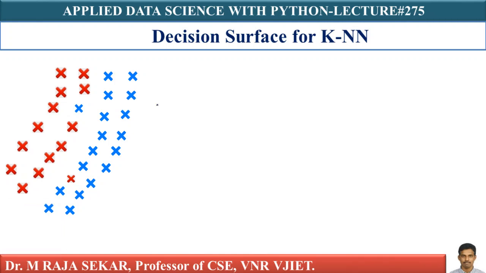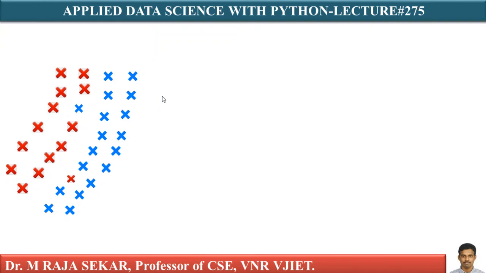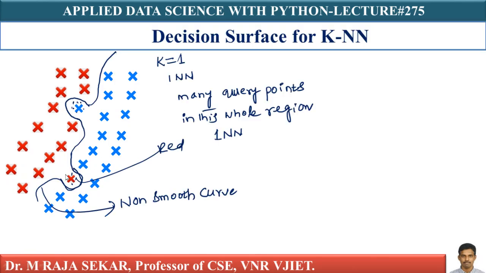If you have k equal to 1, then just see, this is the decision surface for k equal to 1. It will look like this. This is a non-smooth curve, isn't it? That we saw earlier, isn't it?